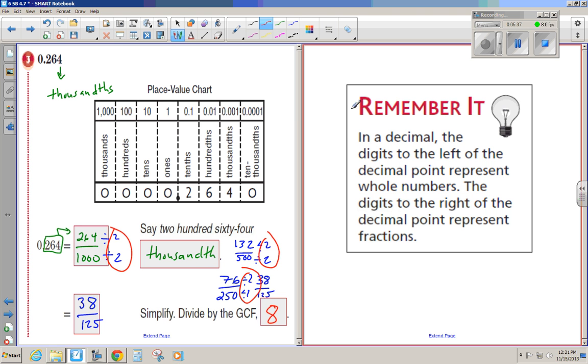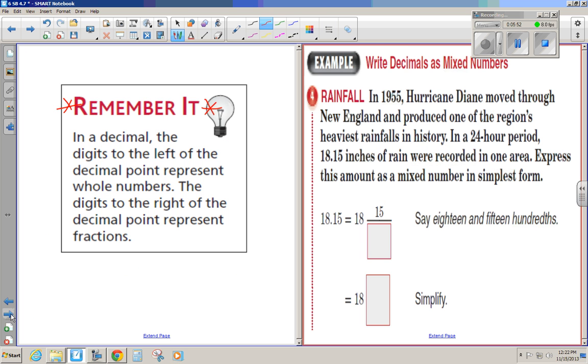So, let's remember, in a decimal, the digit to the left of the decimal point represents the whole number, and the digit to the right of the decimal point represents the fraction. Please remember this. Because whole numbers and fractions and decimals really don't mix.